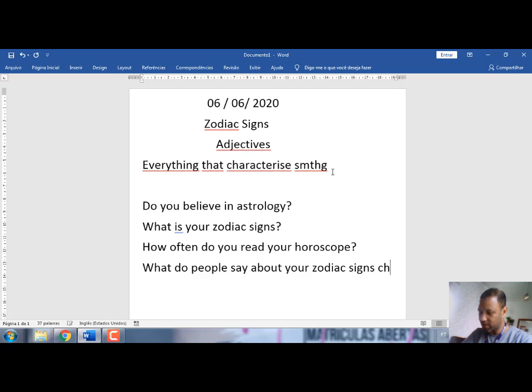This word is quite difficult. Characteristics. Characterize. Is that characterize? It's correct. Characteristics. Okay. What do people say about your zodiac sign characteristics?